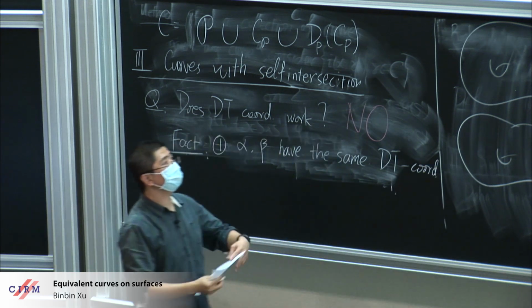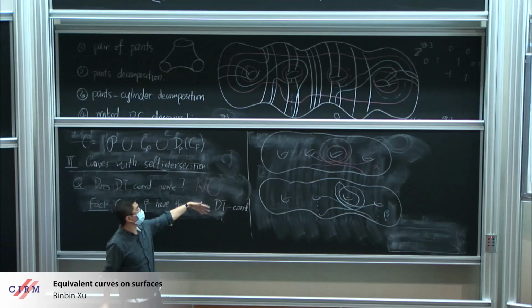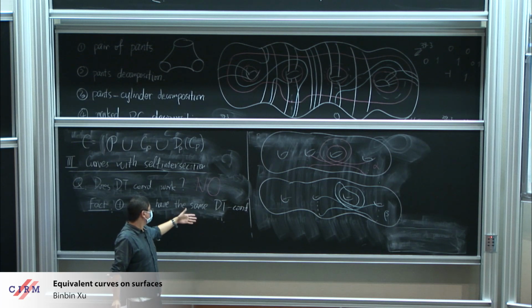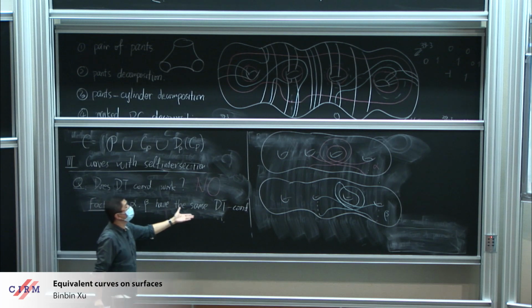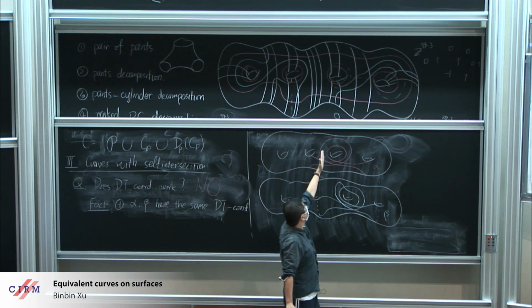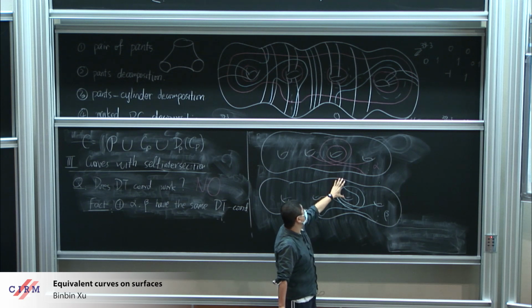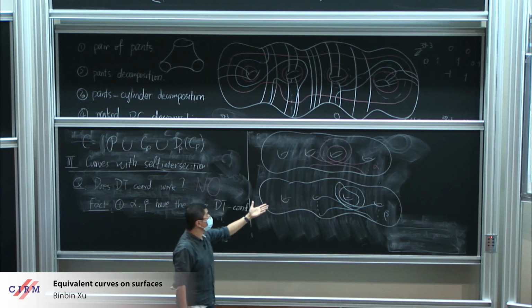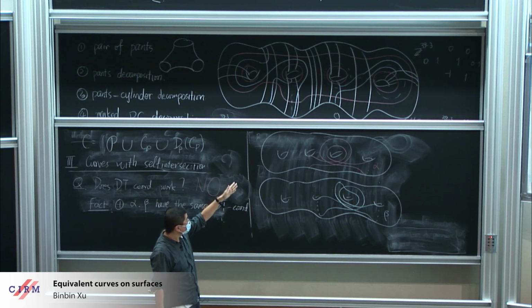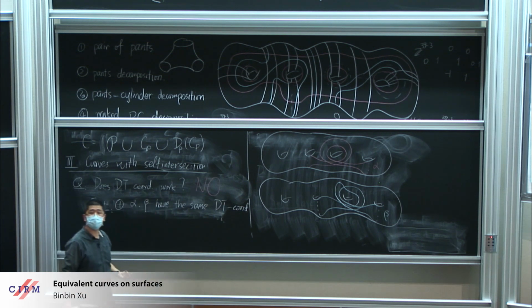If we just naively extend the coordinate, they will have the same number, because you can see here, the only difference is here you have a parallel and here you have a cross. So it doesn't change the intersection with the dual curve, and it doesn't change the twist number. So they will have the same coordinate.